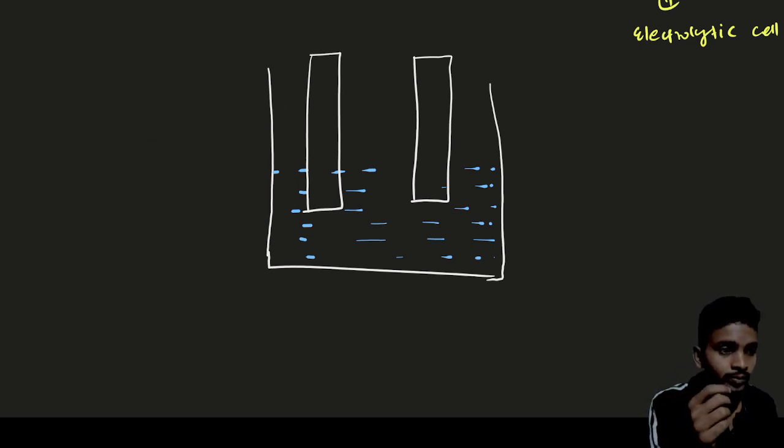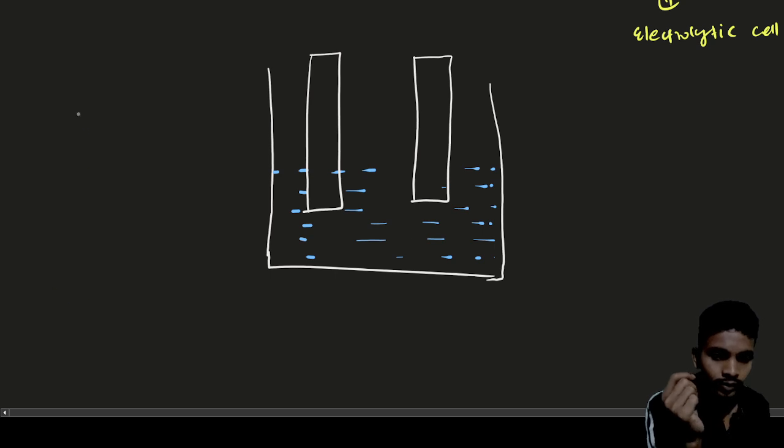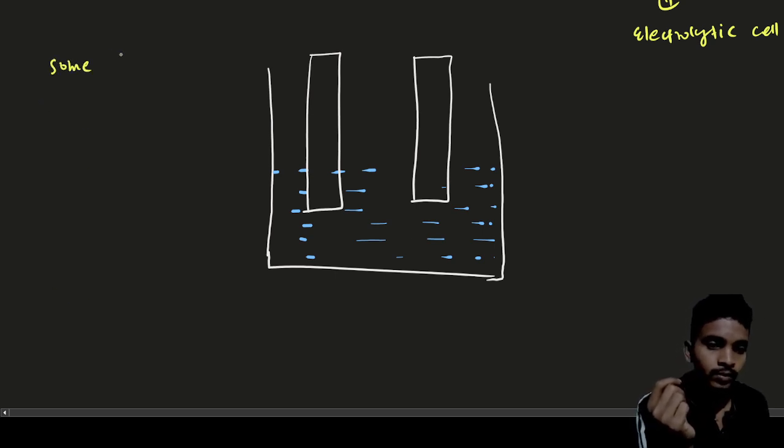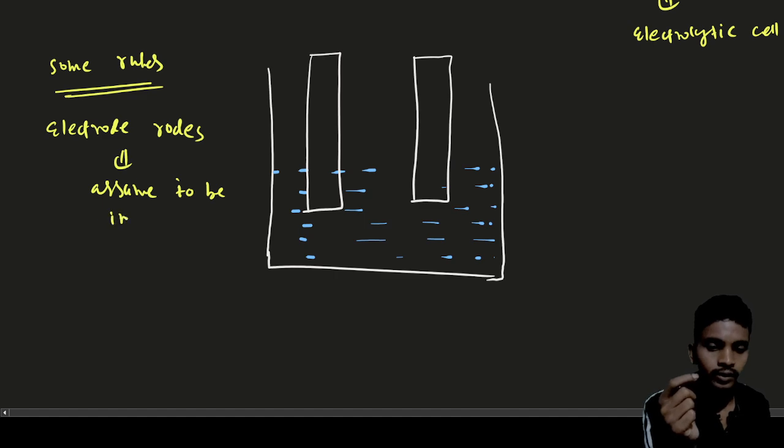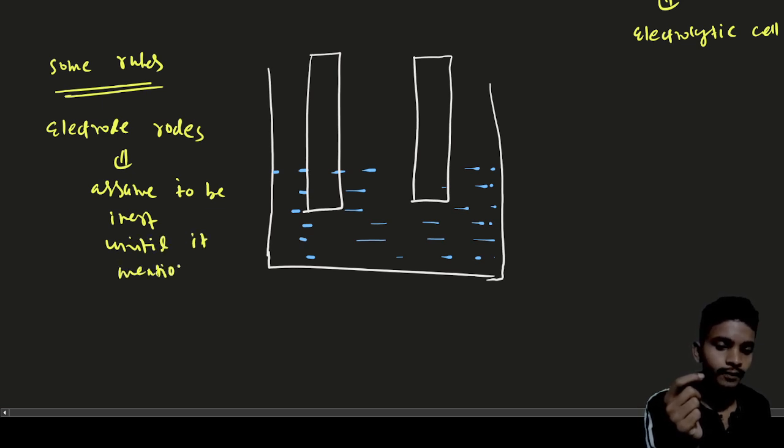So there are some rules we have to remember. Let's say the electrode rod is assumed to be inert until it is mentioned that it is active.